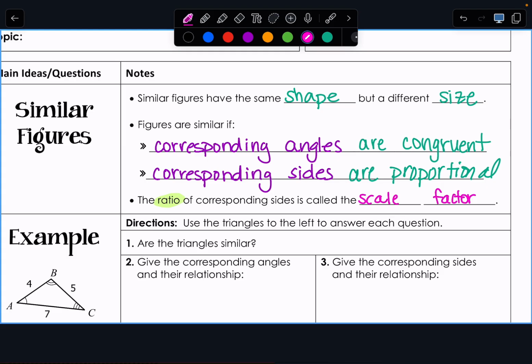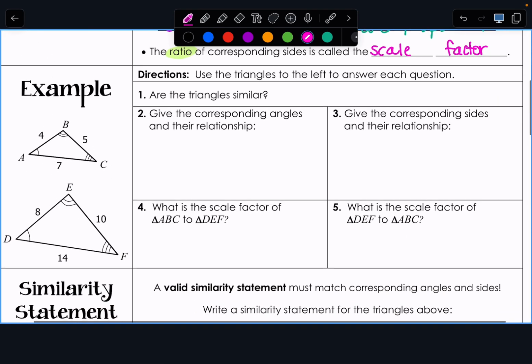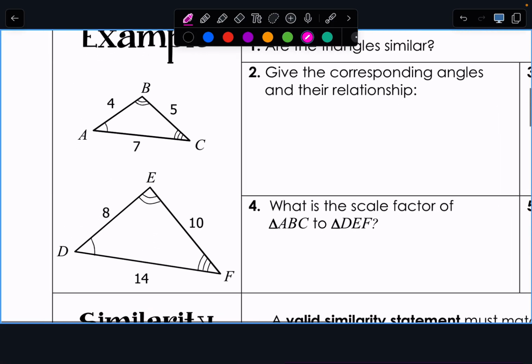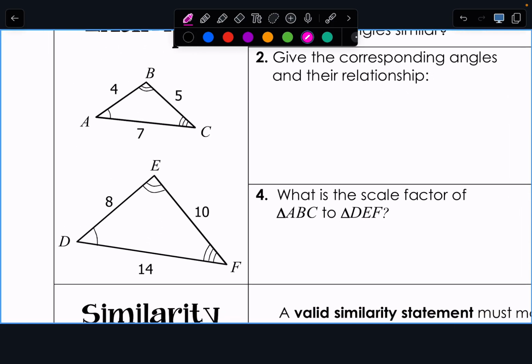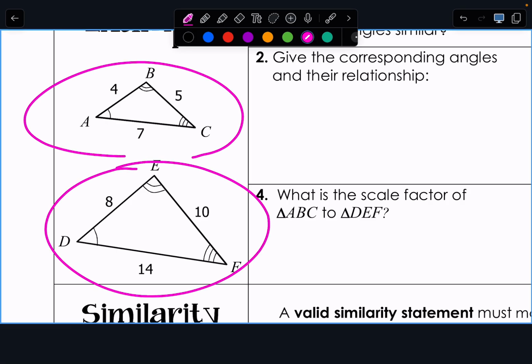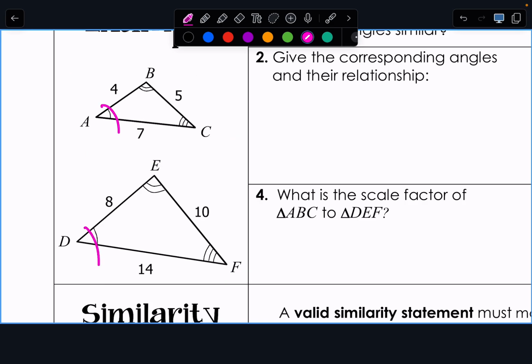So let's look at how we tell if we have similar figures. Down here in this example, we have two triangles. Are the angles congruent from this triangle to this triangle? Marshall, are our angles marked congruent? Yeah. A and D are marked congruent, right? B and E are marked congruent.